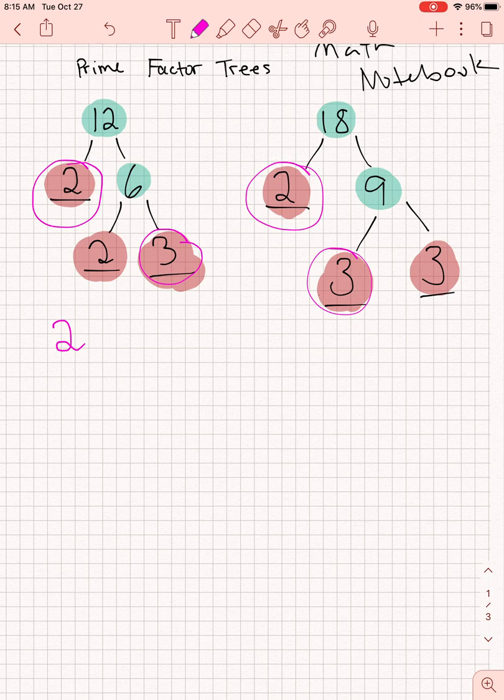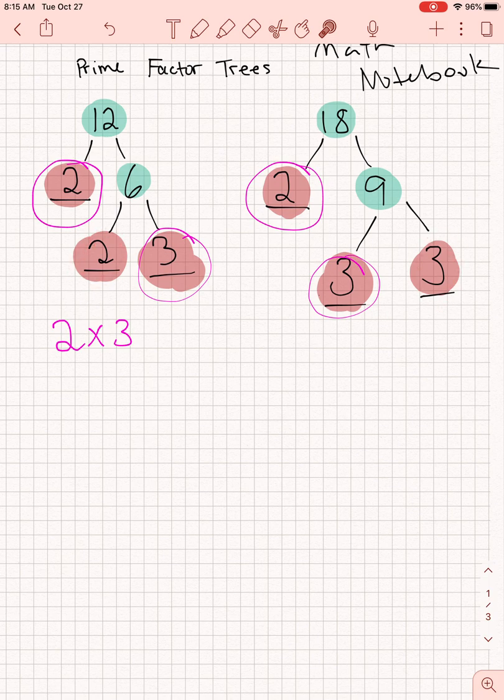Now notice that I am not circling these two as a pair because they're in the same prime factor tree. I'm circling pairs between the two prime factor trees here. So that would be a 3 and a 3. That's another pair. Are there any more pairs? Well, all that's left is this 2 and this 3.